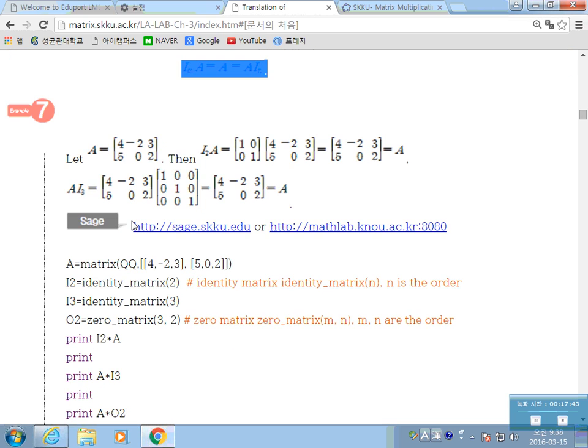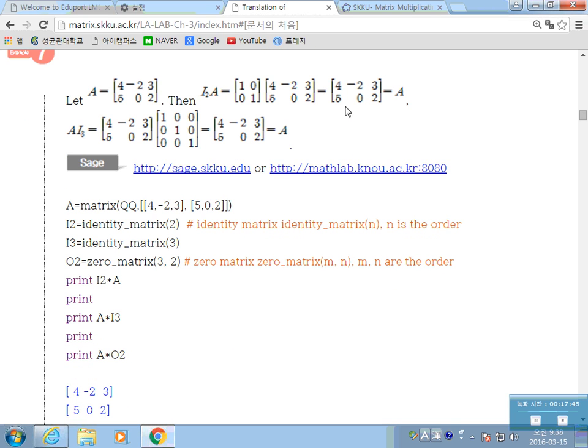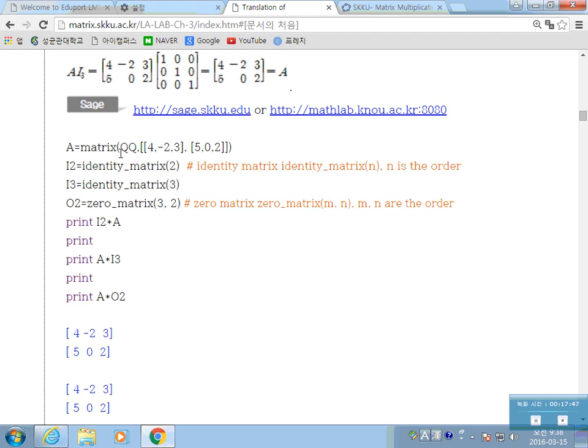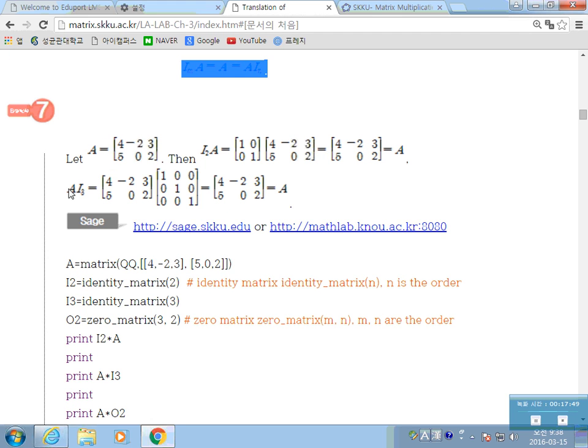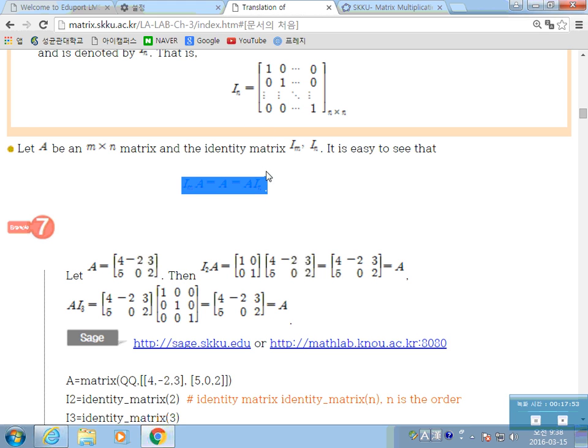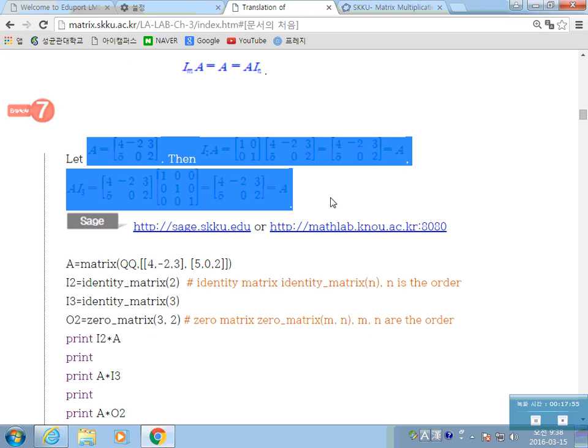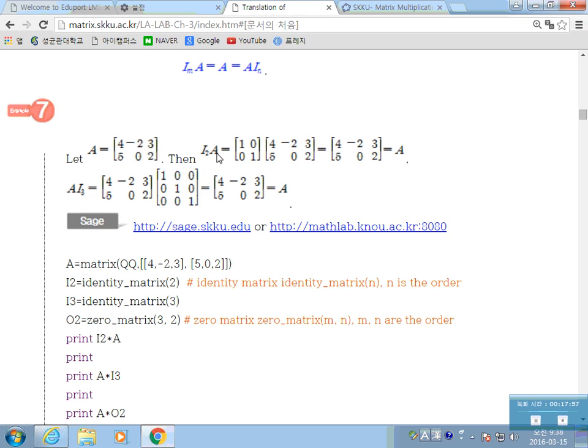Here, A is a matrix like this. When you have a matrix like this, then you multiply the identity. We just checked those conditions here. When you multiply the identity matrix of proper size on the left, you have the same matrix. If you multiply the identity matrix of proper size on the right hand side, then it is going to be the same matrix.